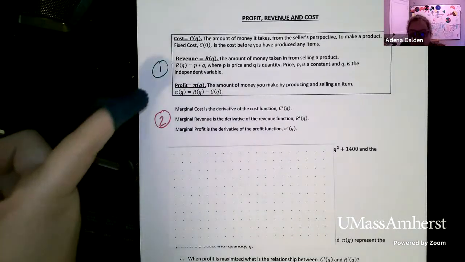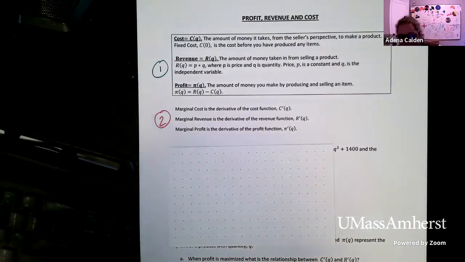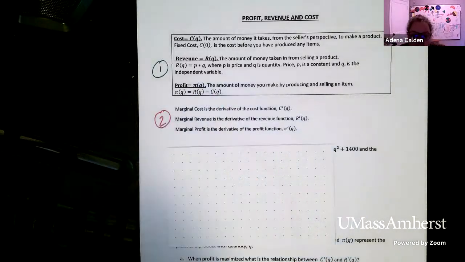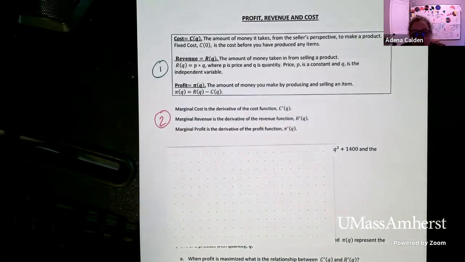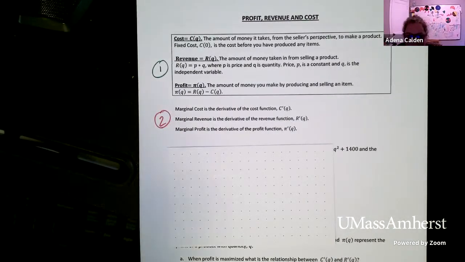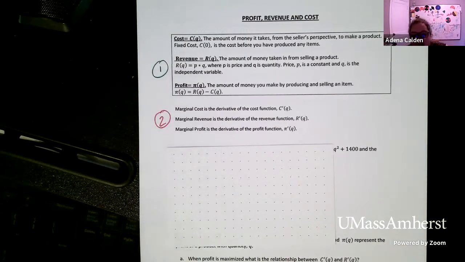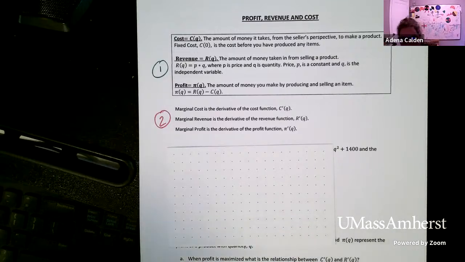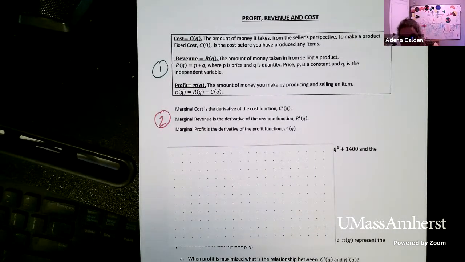And then profit, right? We use pi of Q, and profit's the amount of money you make by producing and then selling the item. So it's revenue minus cost. And so that order is important. It's always revenue minus cost, and that will tell us how much profit we're making. So that's back from chapter 1. And then in chapter 2, we said, okay, marginal cost is the derivative of the cost function, and marginal cost is the additional cost to produce one more item.